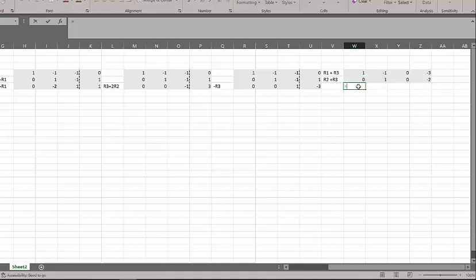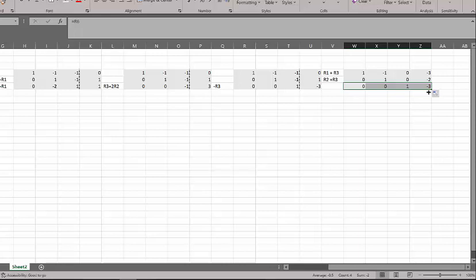And of course the last row stays the same. Alright, so we already can see z equals negative 3, y equals negative 2.